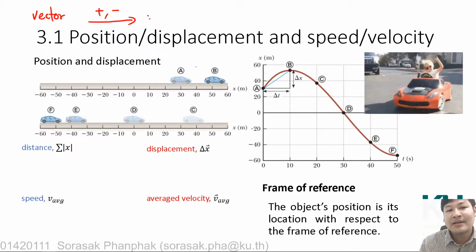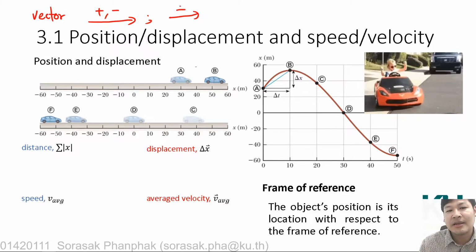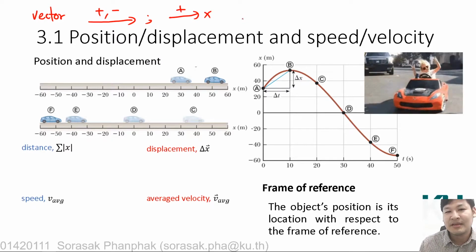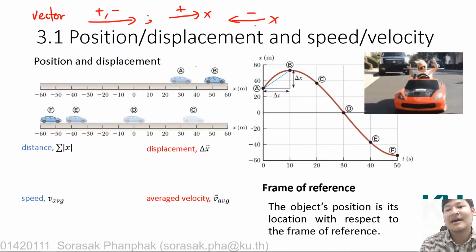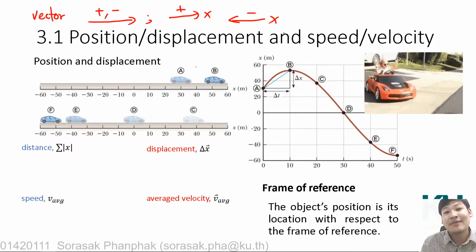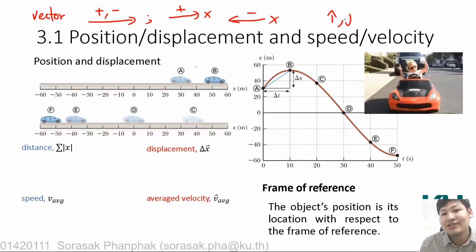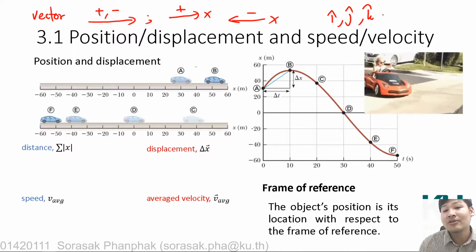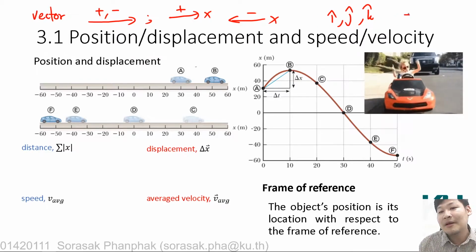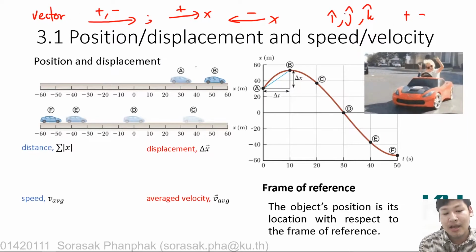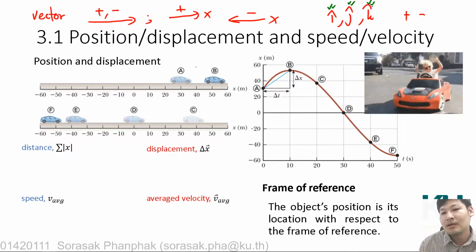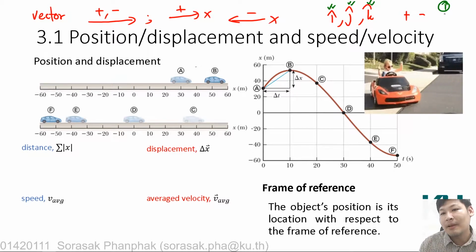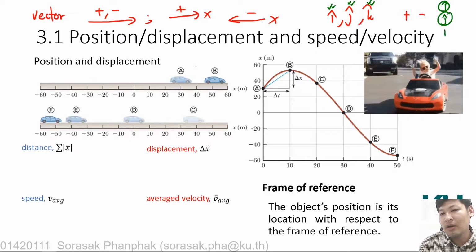If it's in the forward direction, you can set it with a plus sign. If it goes in the backward direction, you can set it with a minus sign. So rather than using the unit vectors i, j, k, now you use only plus and minus signs, because it happens in only one component of the vector. It may be only in the i plane, only the j plane, or only the k plane.